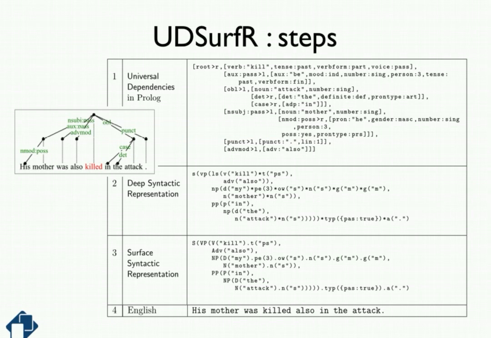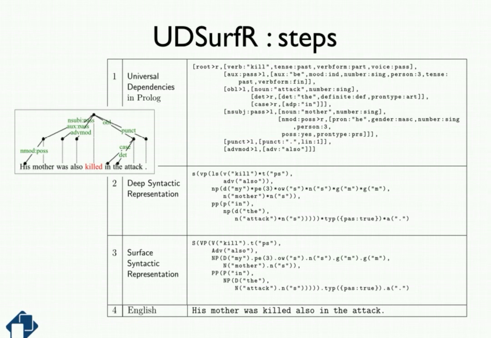So how will we do this? For example, we start from the usual tree, we parse it, and in fact the old system is written in Prolog. So we parse the universal dependency file, and then we create a Prolog structure in which you have exactly the same tree that is given by the input.